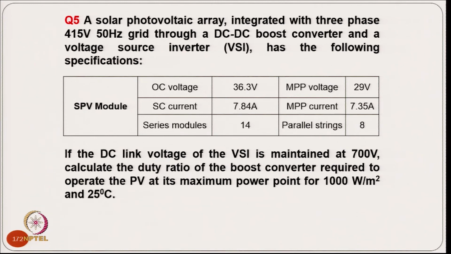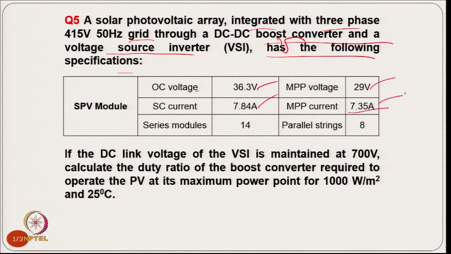So, coming to example number 5: a solar photovoltaic array integrated 3 phase 415 volt 50 hertz system with a DC boost converter and a voltage source inverter has the following specification. The open circuit voltage of a module is 30.6 volt, the MPPT corresponding voltage is 29 volt, and the short circuit current of each module is 7.84 ampere.